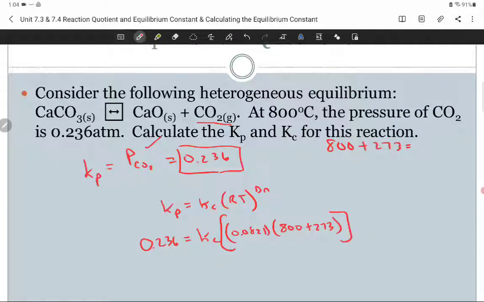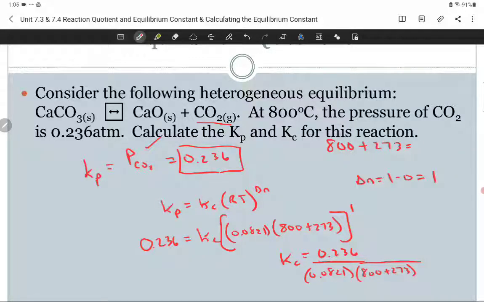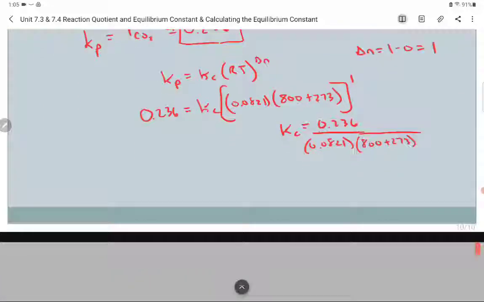Okay, and then we have one gas, delta N, is one gas product minus no gas reactants for a total of 1. So I think I might just leave this one for you guys to finish, but it'd be 0.236 divided by the gas law constant and the temperature if you put it in Kelvin. Okay, so that's how you would convert the Kp into a Kc. And that might be, yeah, that's it.